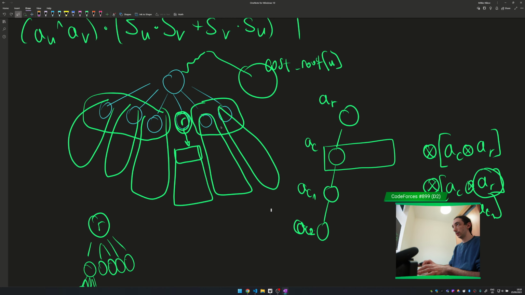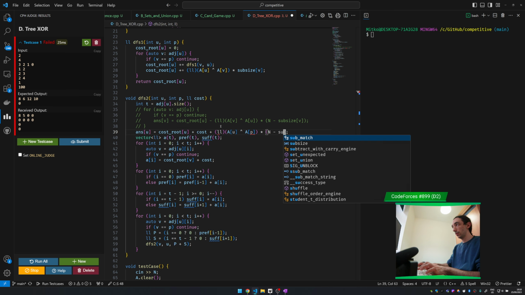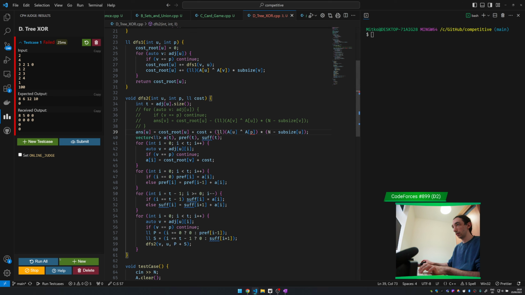My cost from above is everything except this, and then plus a of u xor a of p times n minus subsize of u, I think. N minus subsize of u plus 1.